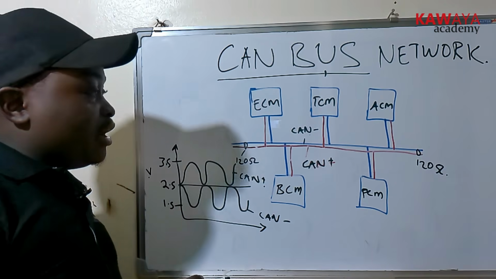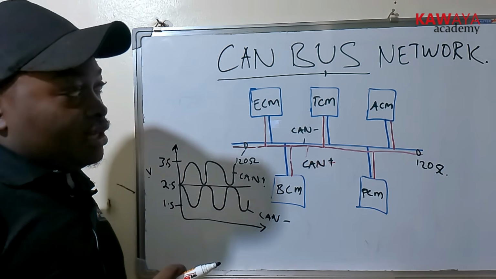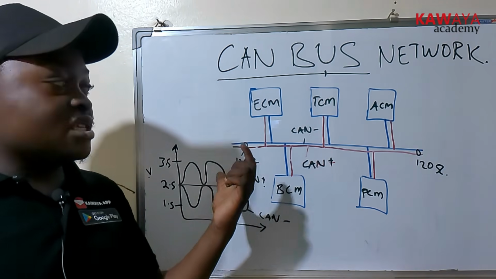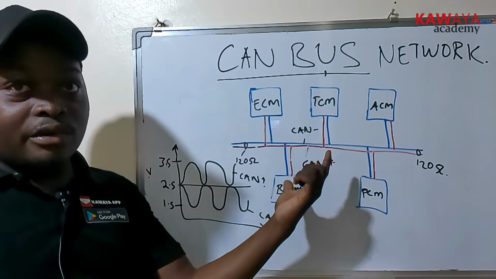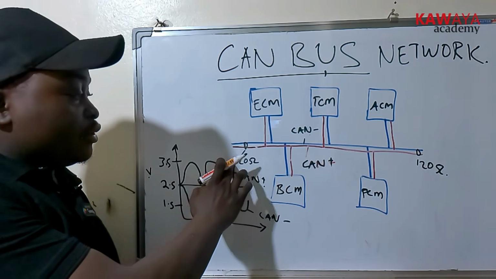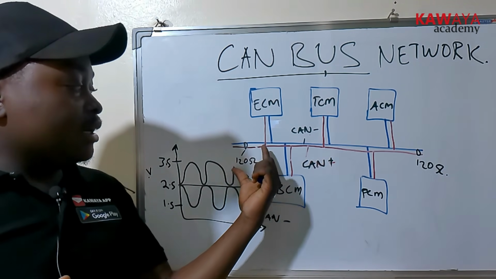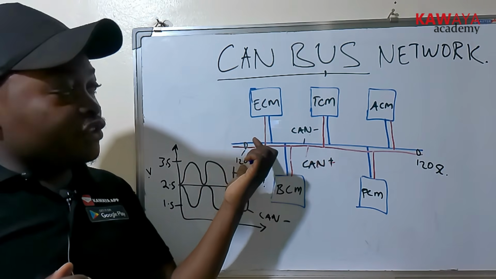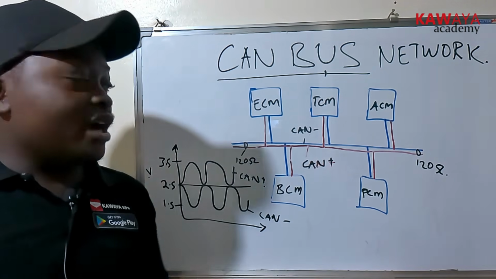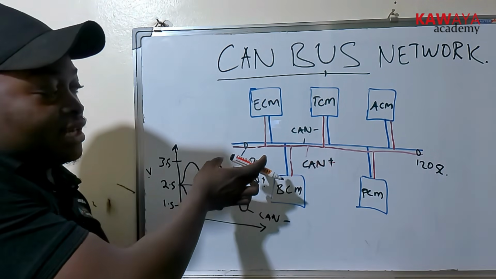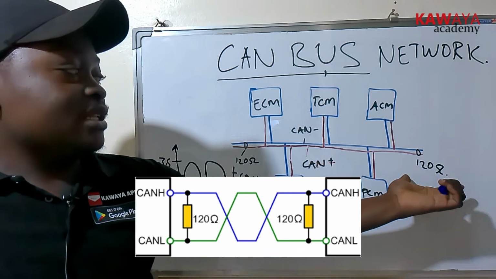Another thing I'll talk about is that in CAN bus we have resistors. As you can see on this diagram, we have two resistors, one at the beginning of the system and one at the end: 120 ohms at the start and 120 ohms at the end.